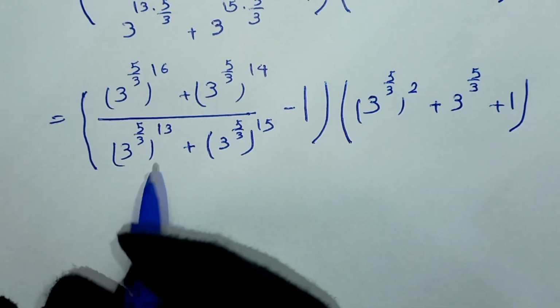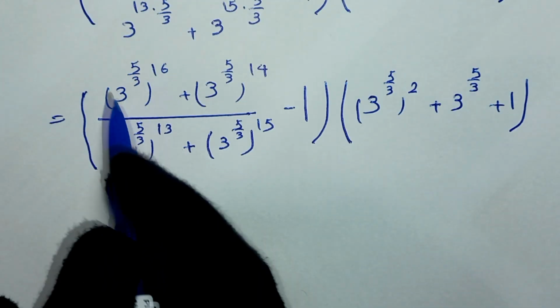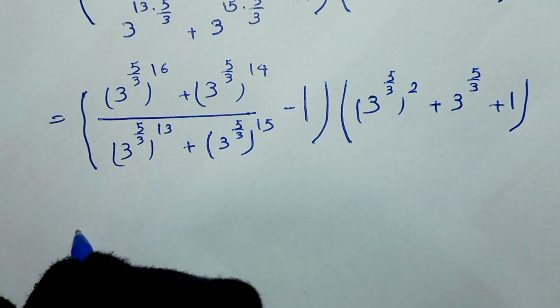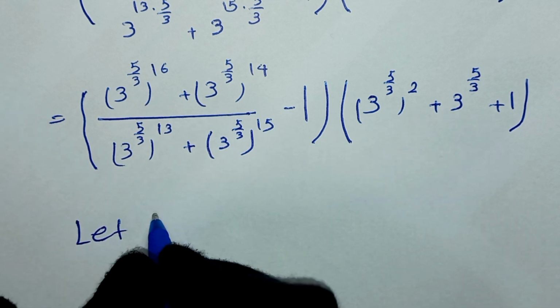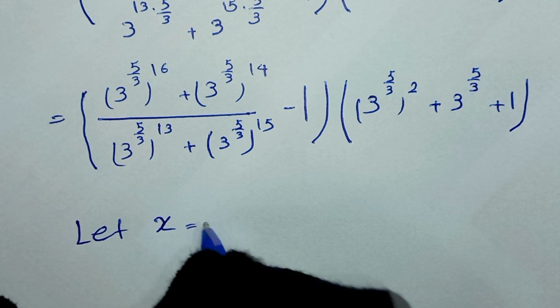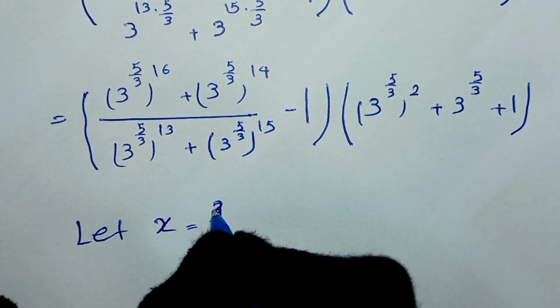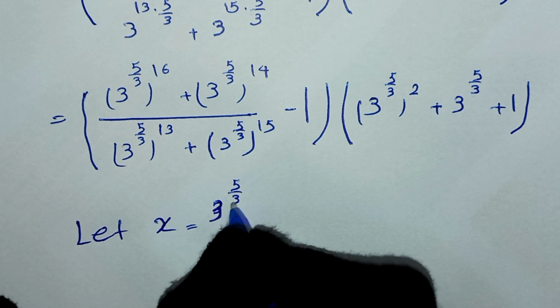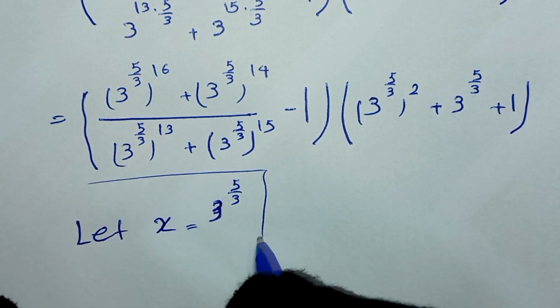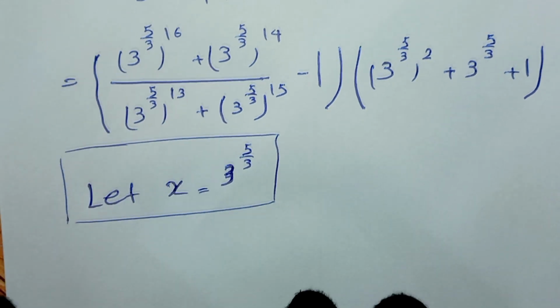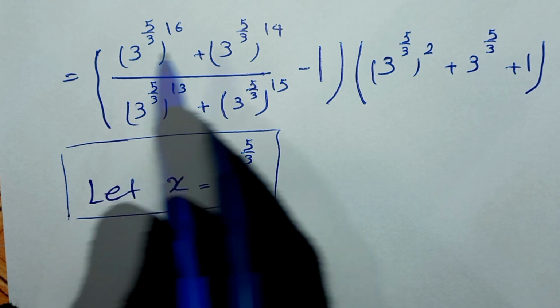So 3 to the power of 5 over 3 is common. So we let x is equal to 3 to the power of 5 over 3. So we substitute this into this equation.